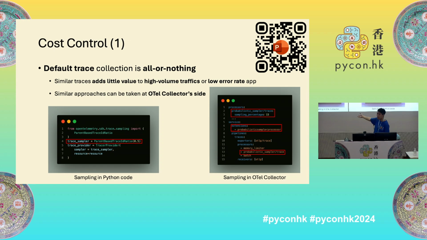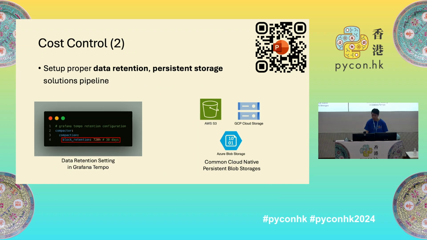And also in the OTel collector, you can do sampling in the batch processor. The second one is to always do data retention and find some common cloud native persistent blob storage like S3. If you use Mimir and Tempo in a distributed system, then you will definitely get a good amount of cost reduced.